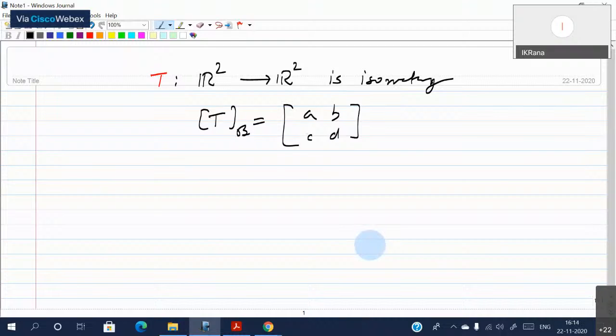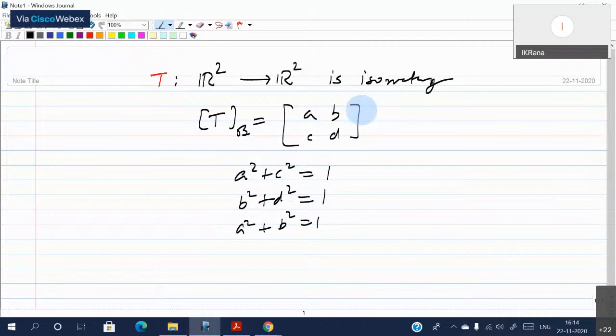What does that mean? You can look at rows and columns both. The rows are orthonormal, actually, and the form is A transpose A is identity. So I will give you A square plus C square is equal to 1, B square plus D square is equal to 1, and A square plus B square equal to 1, norms equal to 1, C square plus D square equal to 1.